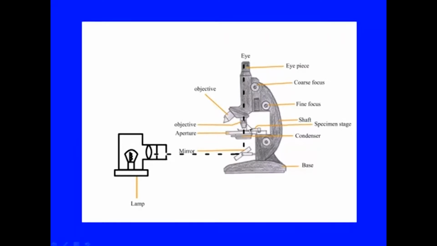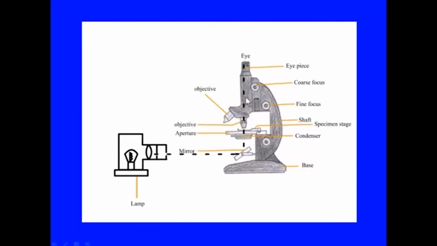Most of the advanced microscopes will be parfocal, in other words, the specimen will not lose focus when you are changing the objective by rotating the nose piece. That is a very important thing.